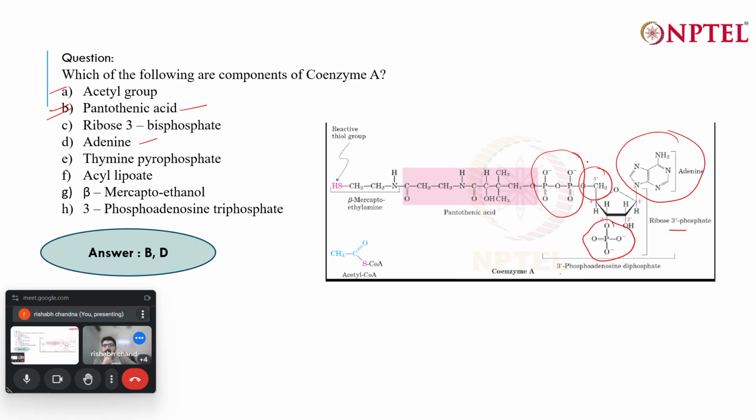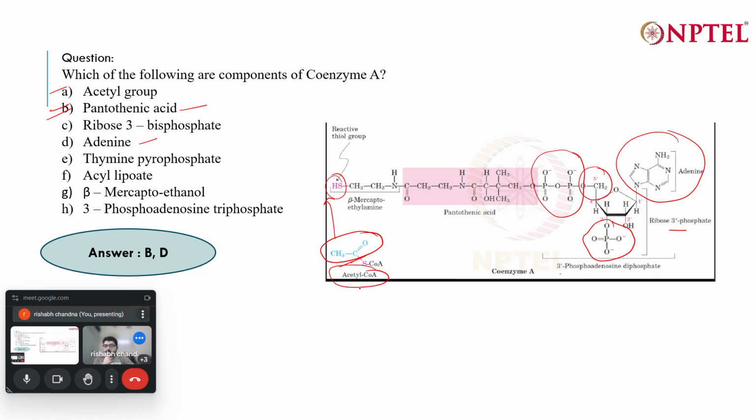Then it has pantothenic acid, then it has beta mercaptoethylamine. This HS group is the reactive thiol group to which the acetyl group is attached. So this is the acetyl group and it is attached to this beta mercaptoethylamine. So this forms the acetyl coenzyme A basically.